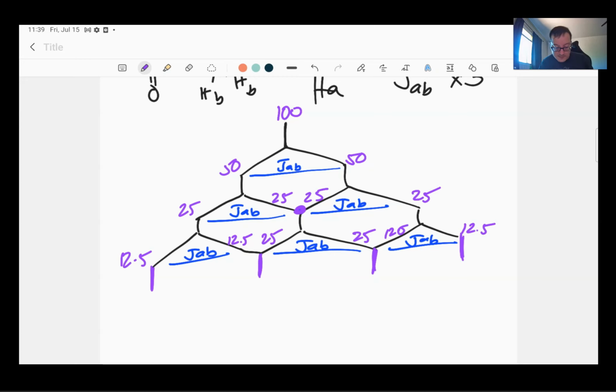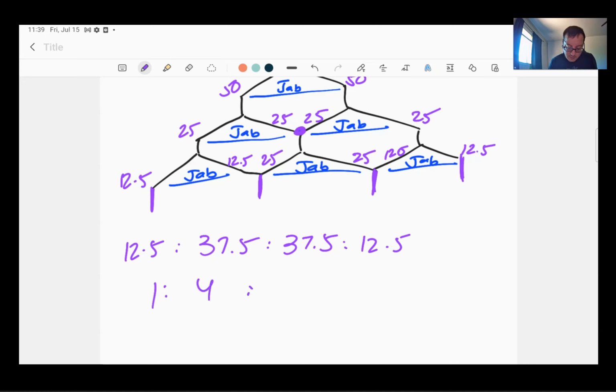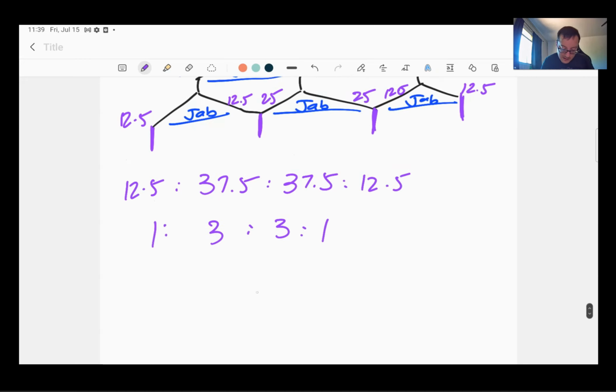These are just the relative sizes. So we see a 12 and a half to 37 and a half to 37 and a half to 12 and a half, which if we reduce is 1, 3, 3, 1. And so we would expect that we would get, in this case, a quartet. There we go.